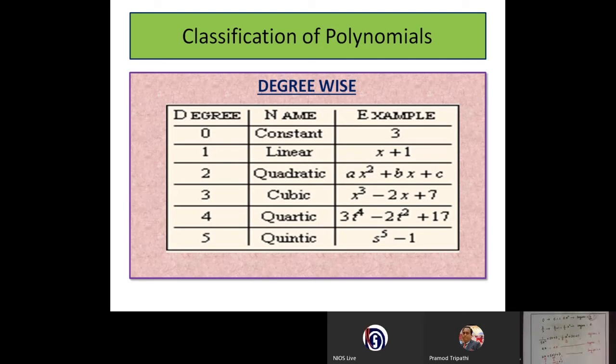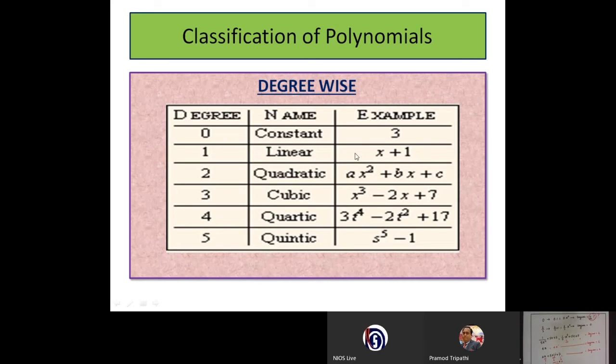Zero degree is named a constant polynomial. Example, it is given here, 3. In the second case, x plus 1, y plus 1, x plus y. There are so many examples of linear polynomials here.